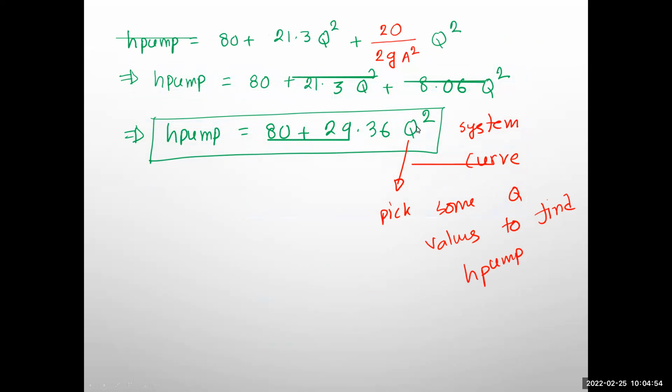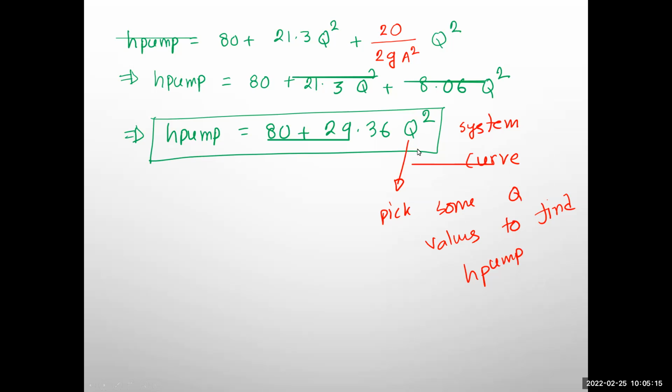Now for the system curve, for any curve, whenever you have an equation, that simply means if you choose some independent values, it should give you some values for the dependent one. So here Q was the independent factor, like for different Q, you should get different H pump values, right?